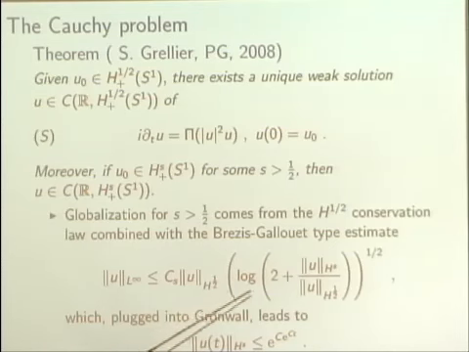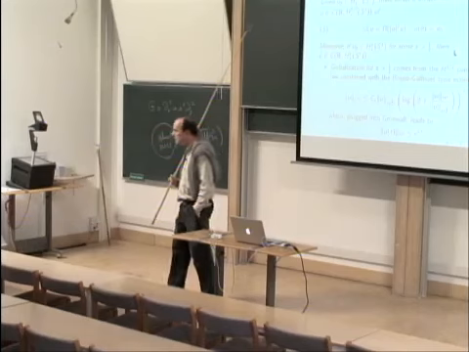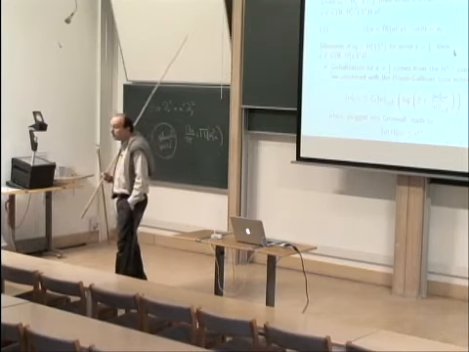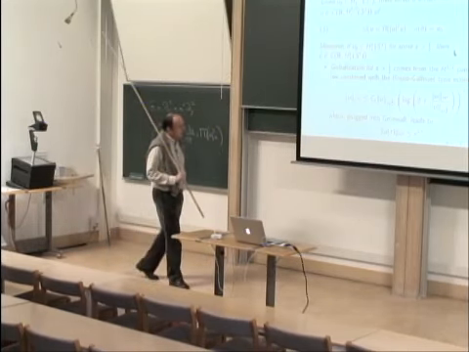So you plug this into the equation, you apply Gronwall's inequality, and finally you get that the H^s norm cannot blow up, and you can even have a double exponential estimate, exactly as when you try to prove global existence for the Euler equation.